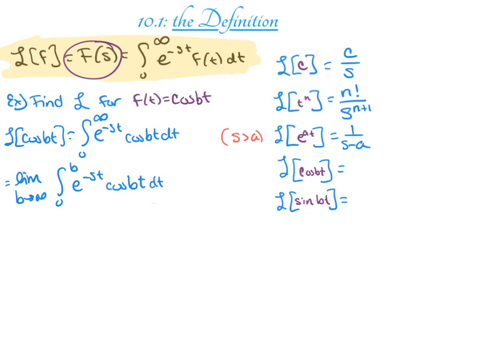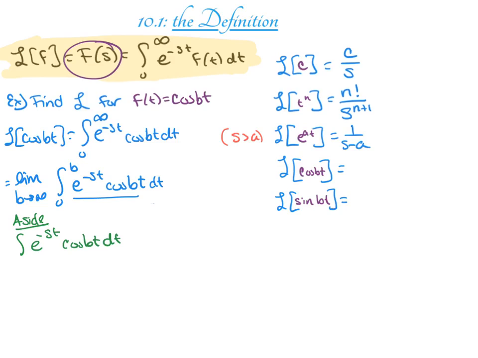Okay, this requires integration by parts a couple of times, and if you remember Calculus 2, you probably had an integral just like that one on your integration test. So let's go aside here in green and just talk about the integral of e to the negative st cosine bt as an aside, so we don't have to keep writing the limit sign.